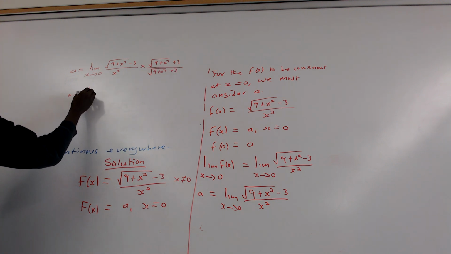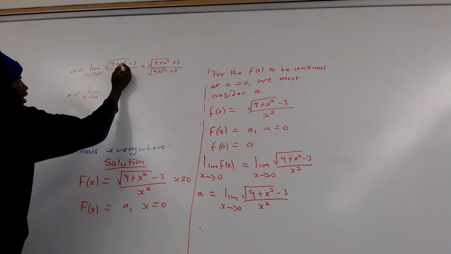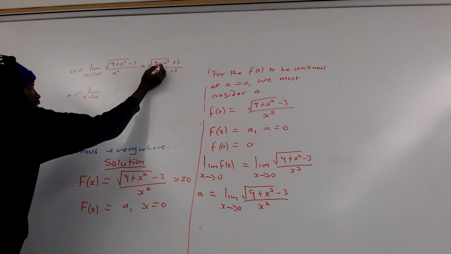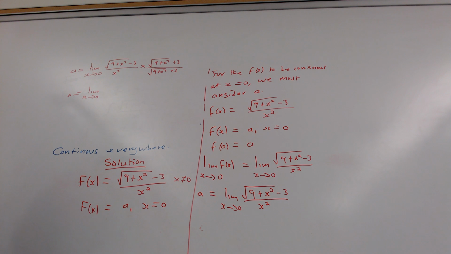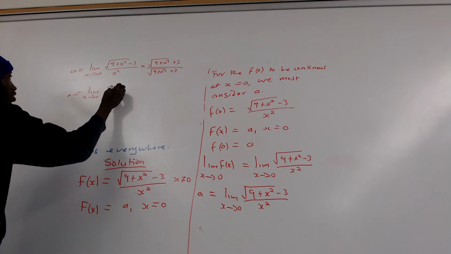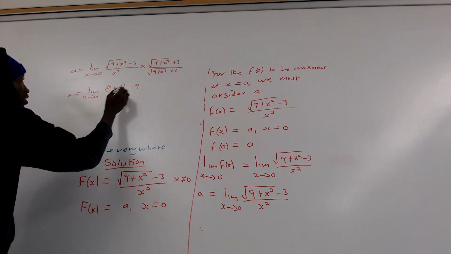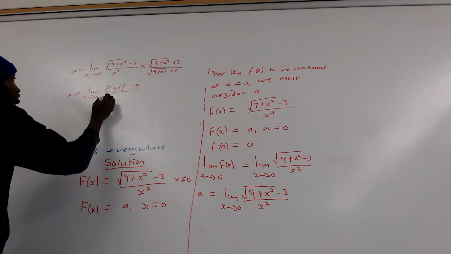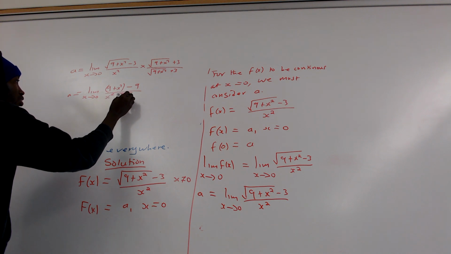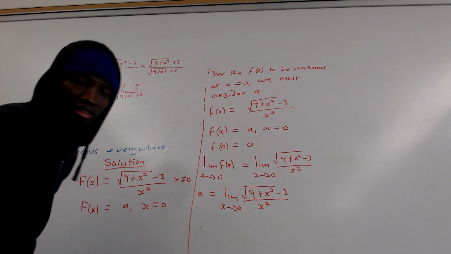If we multiply this term and this term, the square root of 9 plus x squared times the square root of 9 plus x squared is just 9 plus x squared, and minus 3 times plus 3 is minus 9, divided by x squared times the square root of 9 plus x squared plus 3.